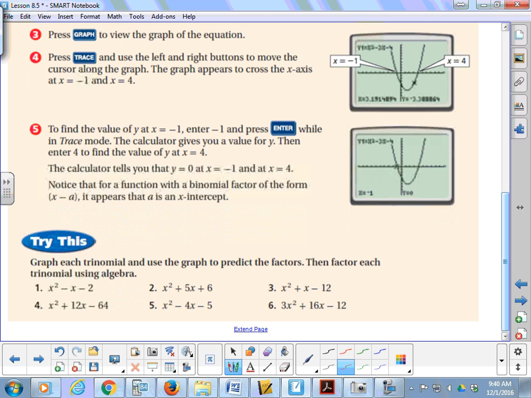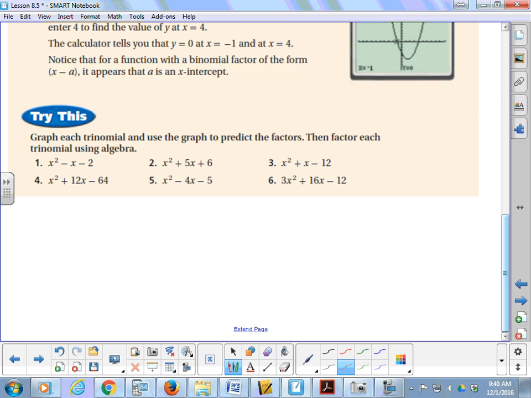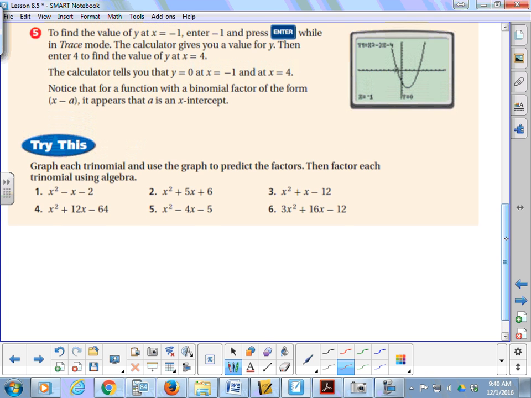All right, so graph x squared minus x minus 2.